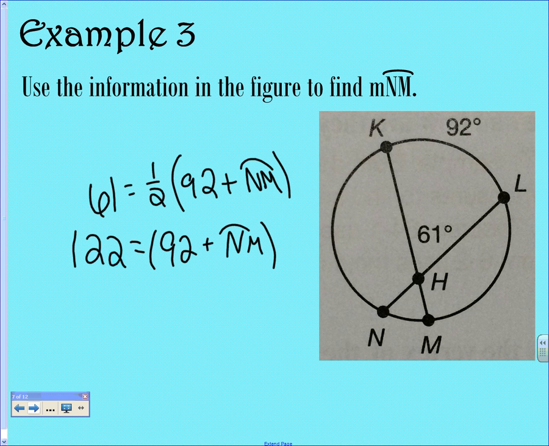Double both sides, and the 1/2 and the 2 would cancel out, but it would still double on the right side, or left side. Multiply both sides by 2, so that 2 and that 1/2 go away. That way, at the end, you don't forget to double your NM, because you'd have half arc NM.